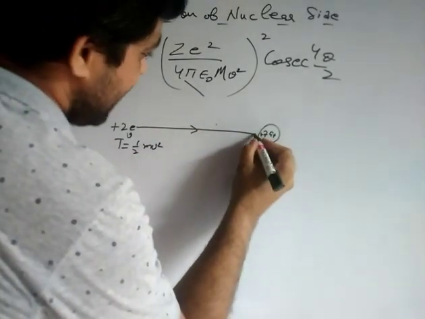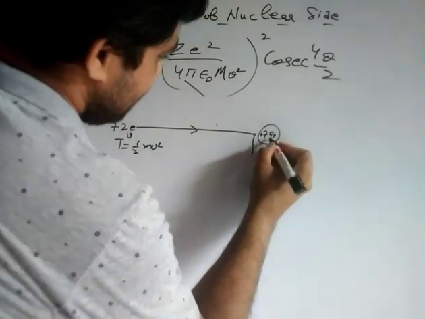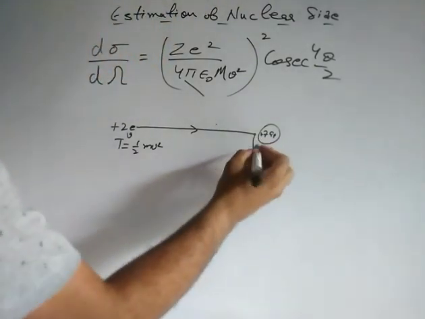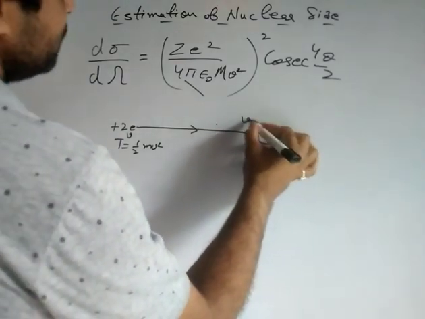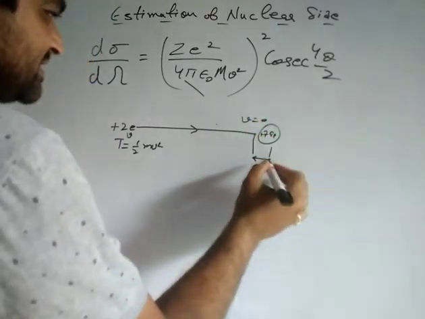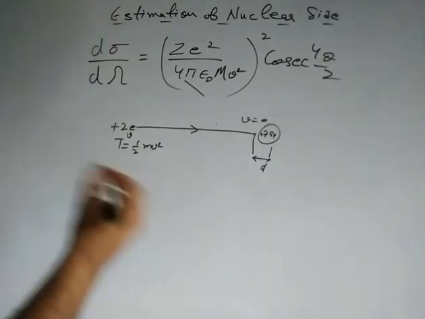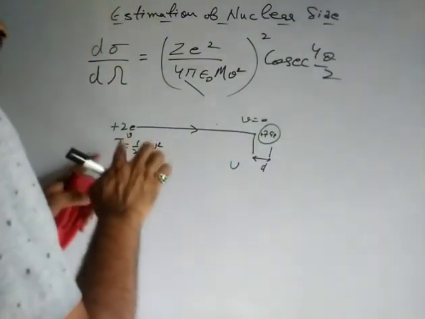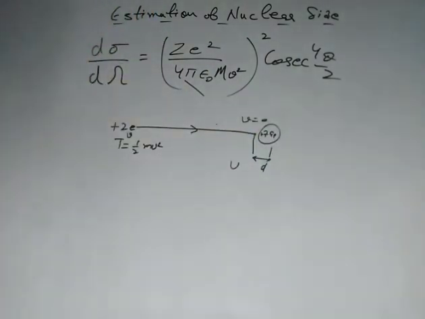Suppose at this distance, let this center to center distance be d, the alpha particle comes to rest and its velocity is 0. At this distance d, the whole of the kinetic energy of the alpha particle will be converted into the potential energy U of the alpha particle and gold nucleus system.